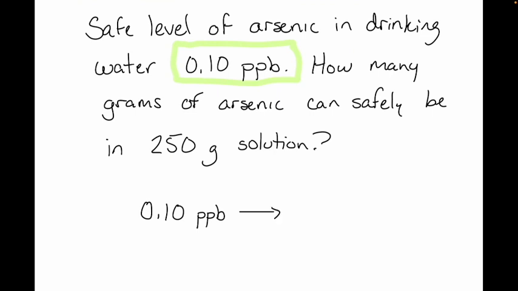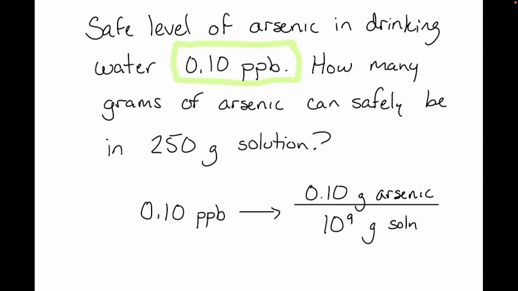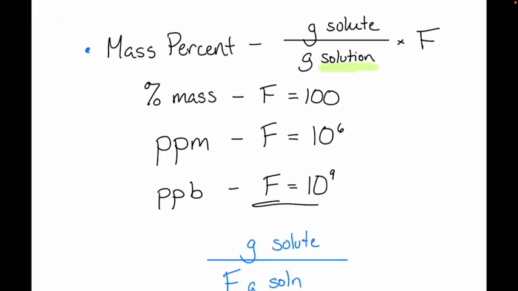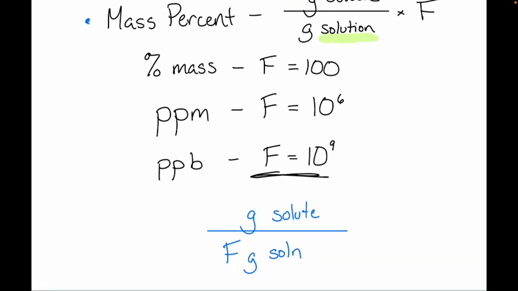Parts per billion means we got 0.10 grams of our solute arsenic over 10 to the 9 grams of solution. All right, that factor F for parts per billion was 10 to the 9. And so when I build my math here, I'm going to put my grams of solute over F grams of solution, over those 10 to the 9 grams of solution.